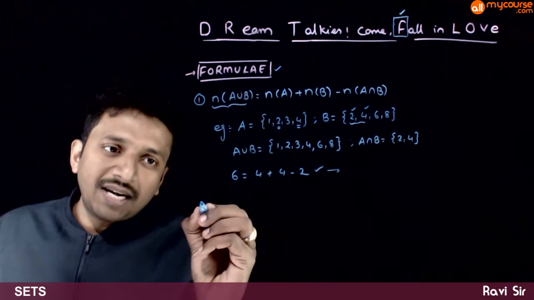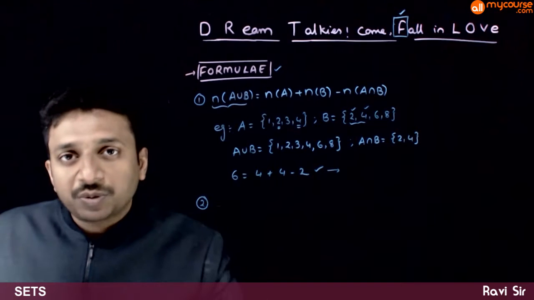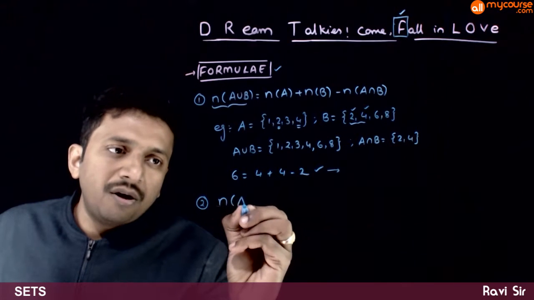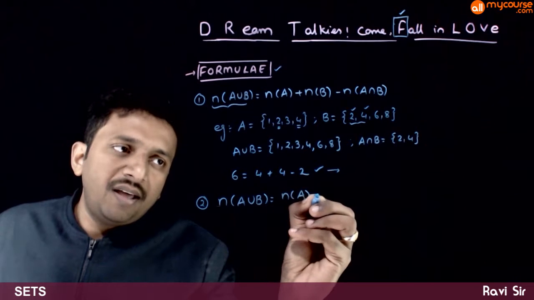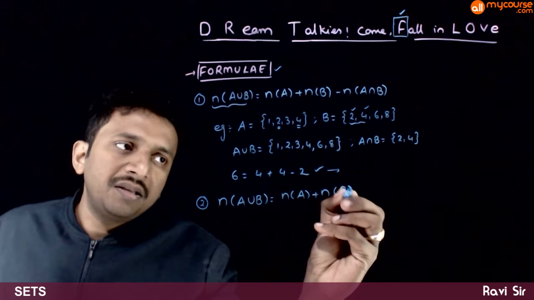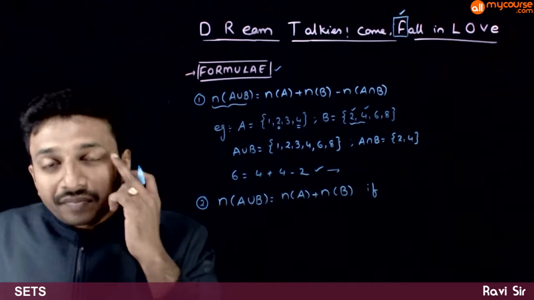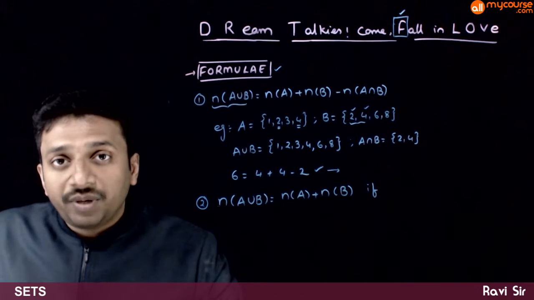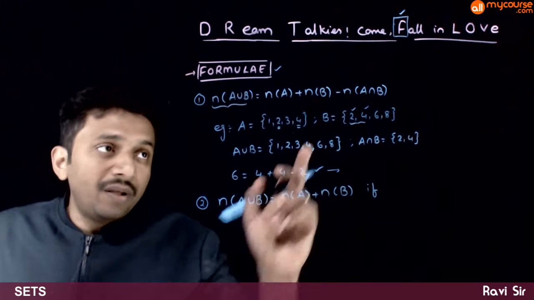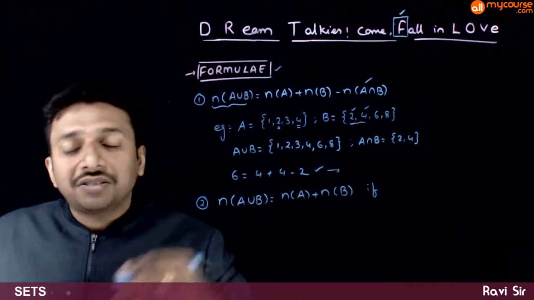And once you understand this property, there is a special case for this property, which is n of A union B is equal to n of A plus n of B. So when will n of A union B be equal to n of A plus n of B? Simply when n of A intersection B is 0.